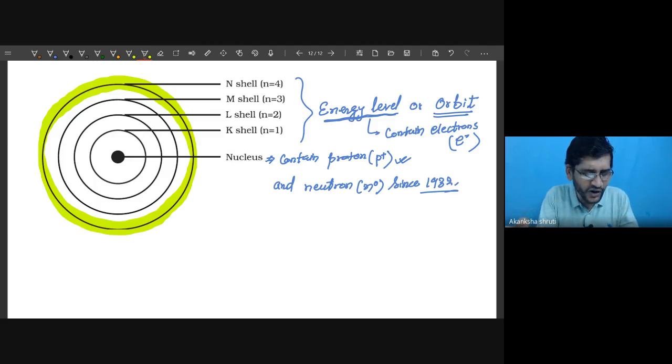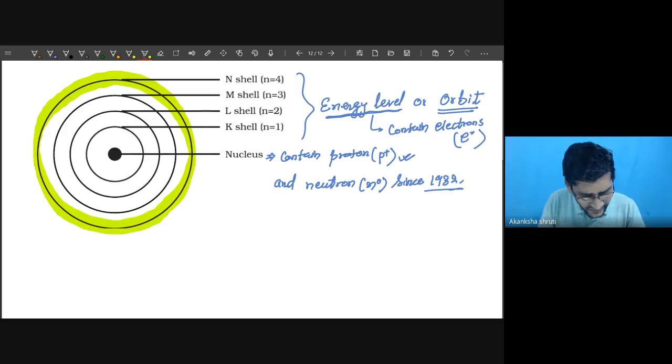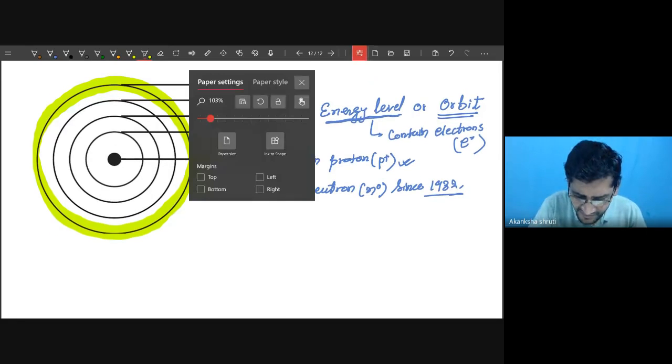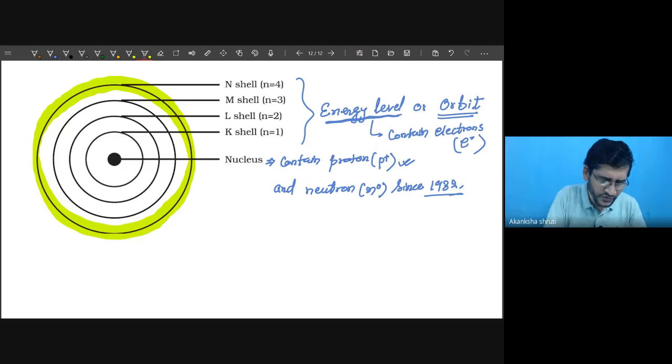Now let us go for how these electrons are distributed in these orbits. So write that one also, students. Write the fourth point.